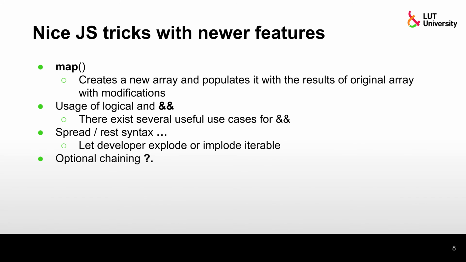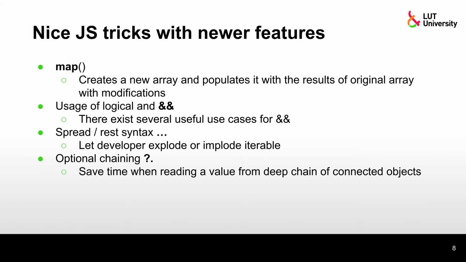Then there is this optional chaining, question mark dot. It is very useful, it saves your time, especially when you are going through some deep chain of connected objects. So you have an object inside your object and you want to dive in to check if there is this specific attribute. Then we have this nullish coalescing operator, two question marks.